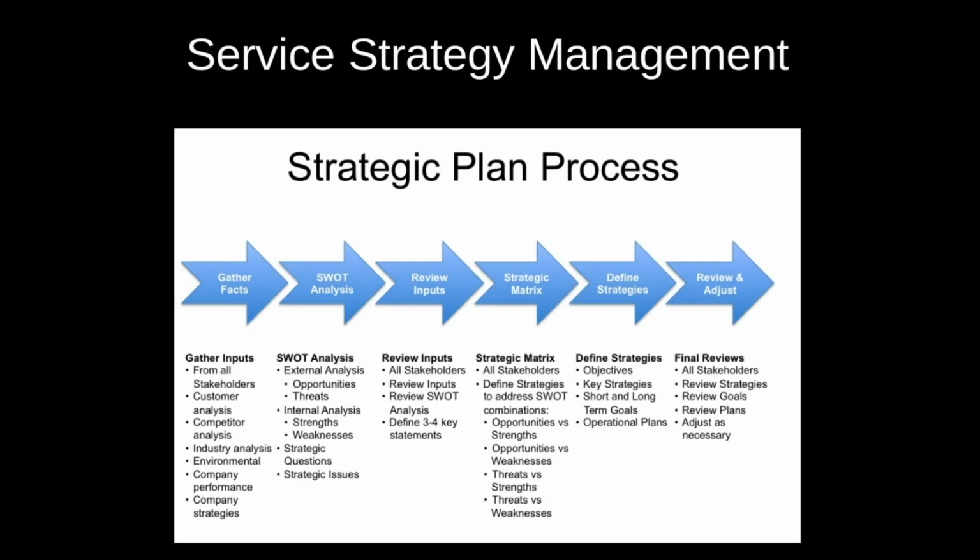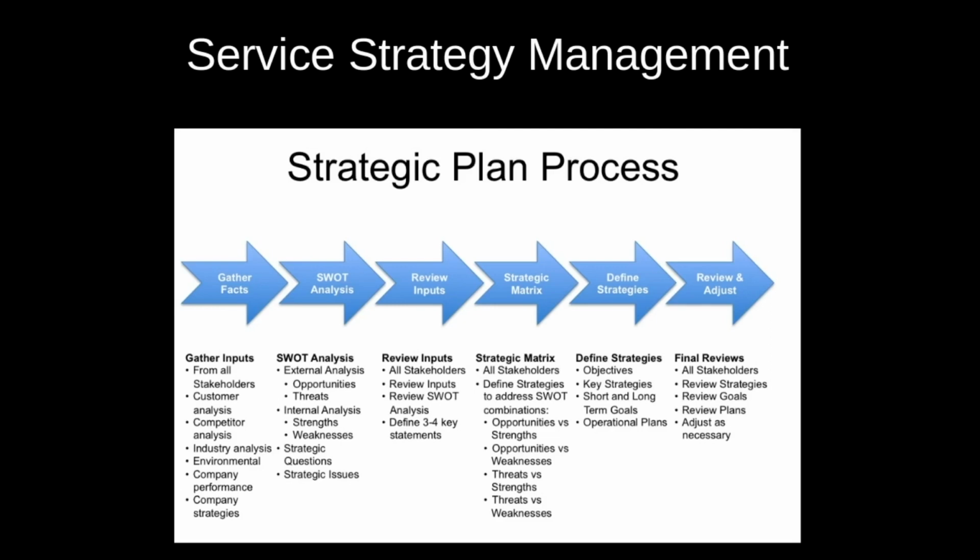We're going to use that to inform the next step, which is called a SWOT analysis. This stands for strengths, weaknesses, opportunities, and threats. Strengths and weaknesses form the internal part of the analysis, while opportunities and threats form the outside, the external.